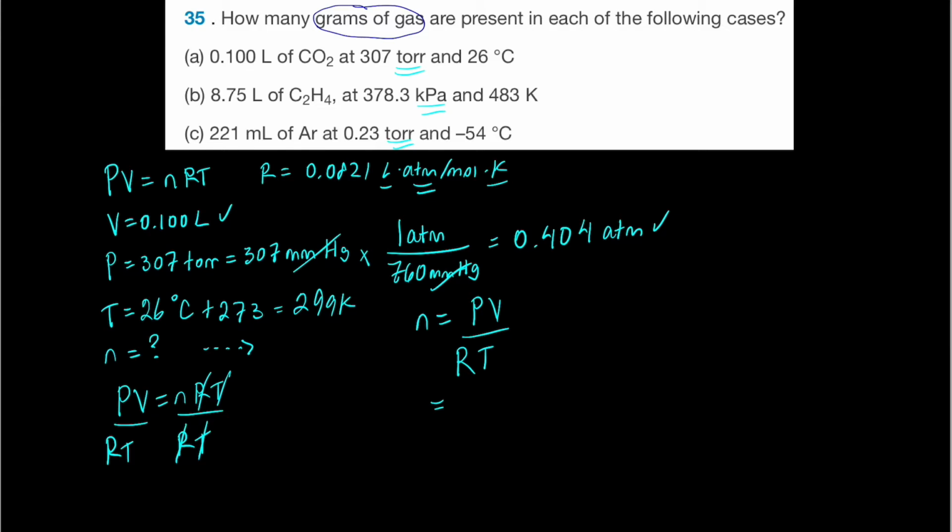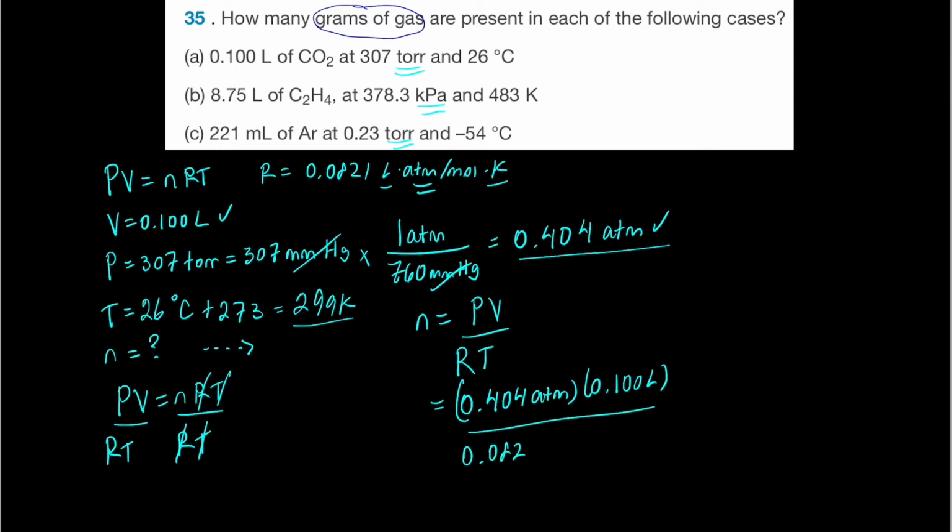So the pressure, remember, use the converted values that we did for these things. So pressure is 0.404 atmospheres. The volume here is 0.100 liters. R is that crazy 0.0821 with all these units, and the temperature here is 299 Kelvin.